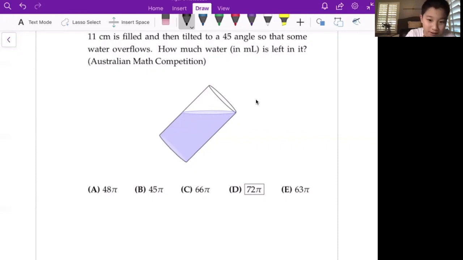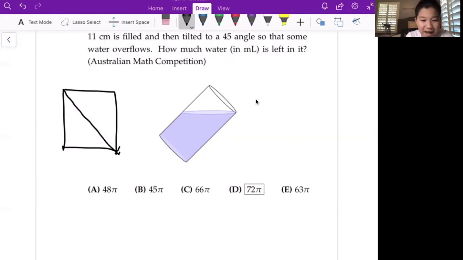Well, if you remember, the way to calculate the area of a right isosceles triangle is to draw the diagonal of a square. So these two right isosceles triangles are half the area of the square. So the area of a right isosceles triangle is 1/2 times its leg squared.